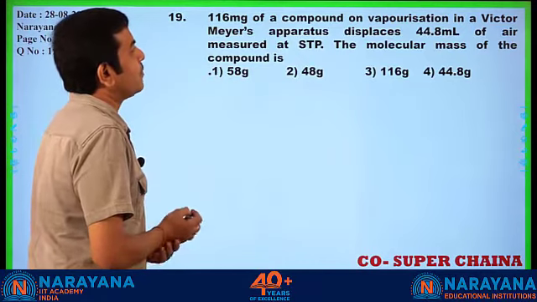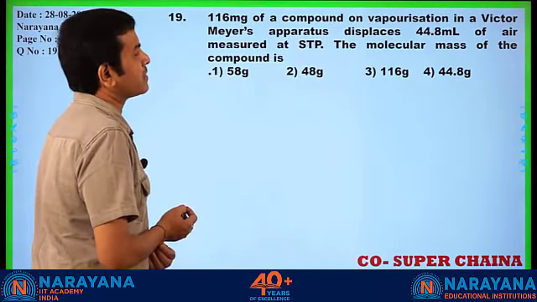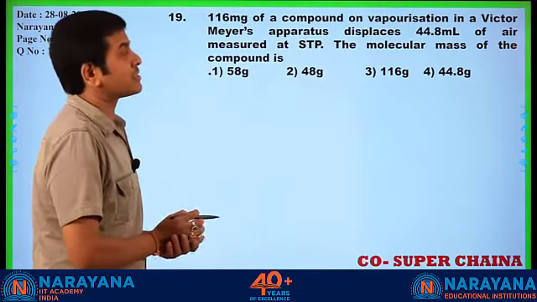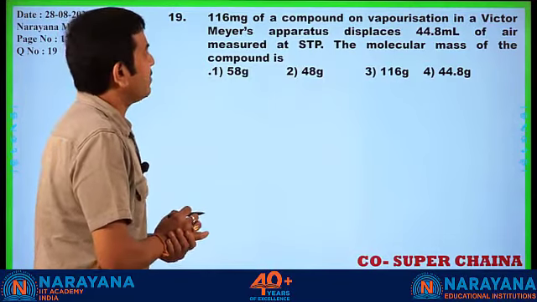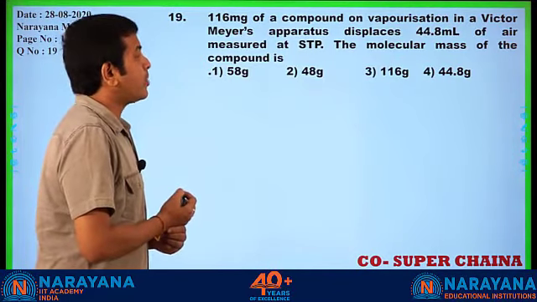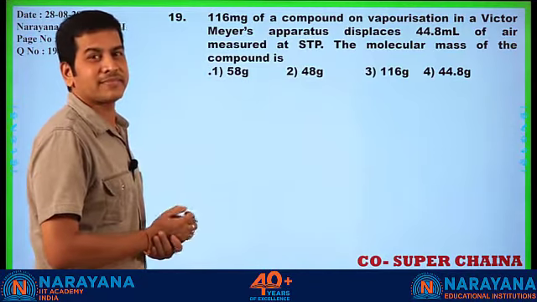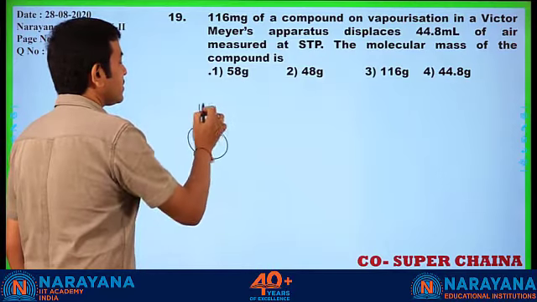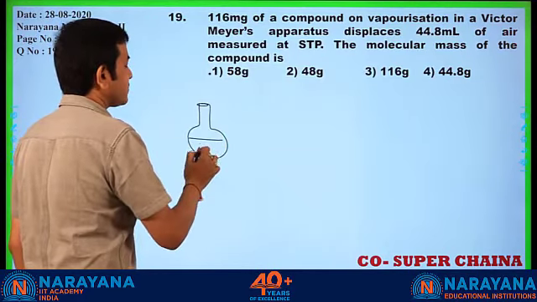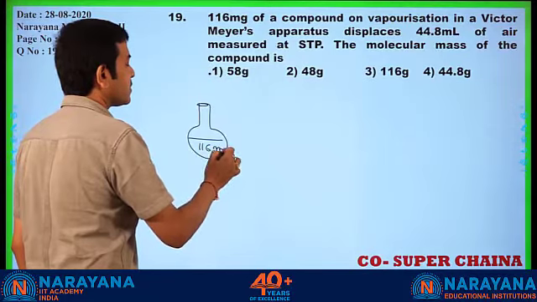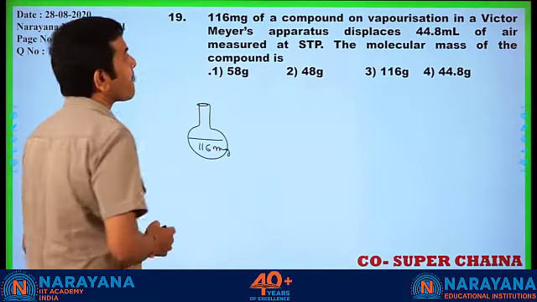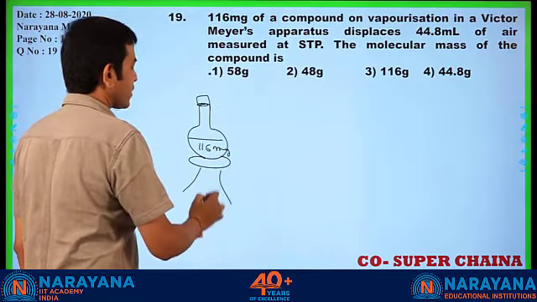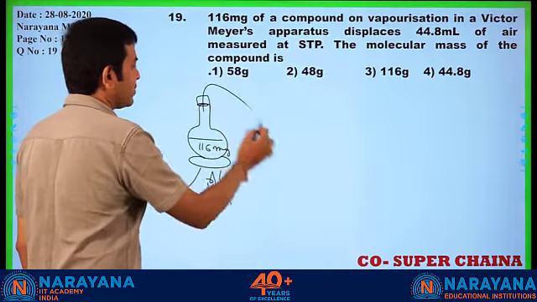116 milligrams of compound on vaporization in a Victor Meyer's apparatus displaces 44.8 ml of air measured at STP. The molecular mass of the compound is? Here, 116 milligrams of compound on heating is completely converted into its vapor.